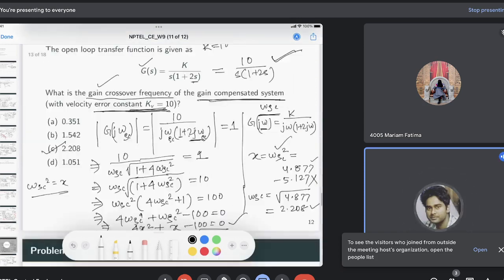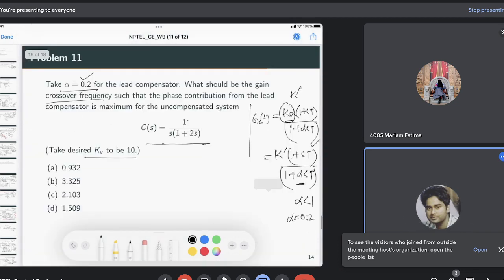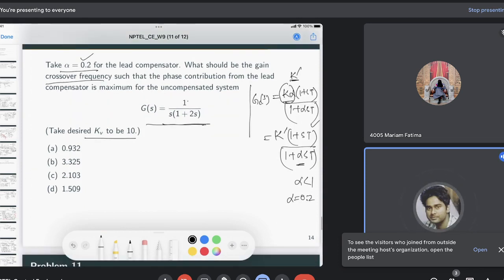So with the compensator we can take this gain as 10. So the compensator becomes 10 times (1 plus sT) by (1 plus 0.2 sT), because alpha is given as 0.2.